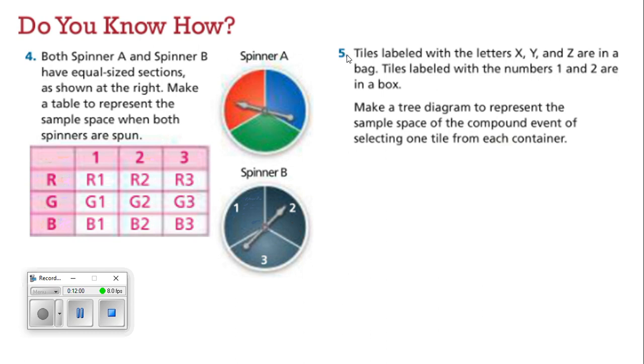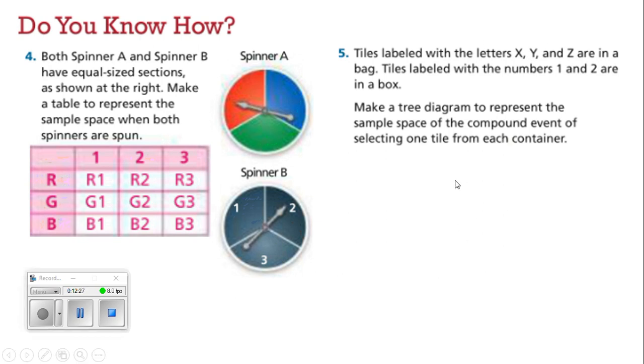All right, here's number 5. Tiles labeled with the letters X, Y, and Z are in a bag. Tiles labeled with numbers 1 and 2 are in a box. Make a tree diagram to represent the sample space of the compound event of selecting one tile from each container. Remember, a tree diagram is when we start with one of these possible outcomes and then we branch it off.